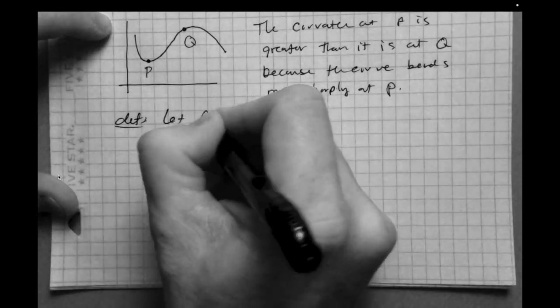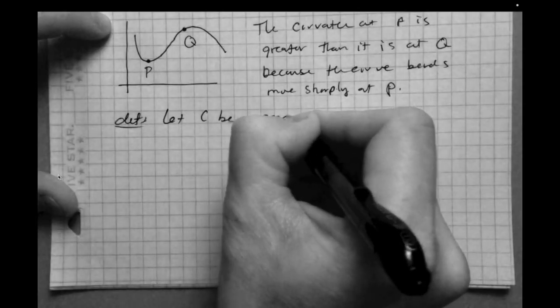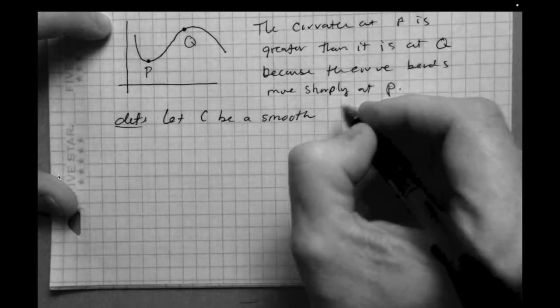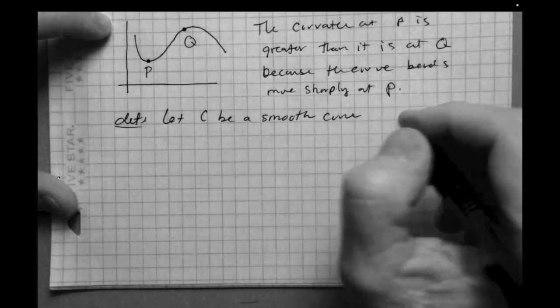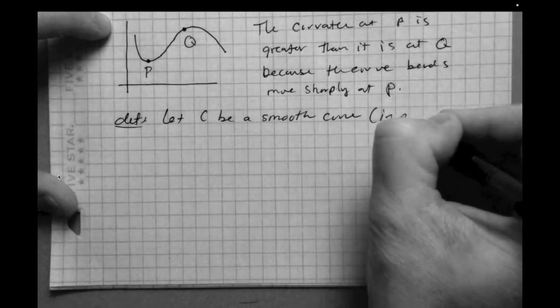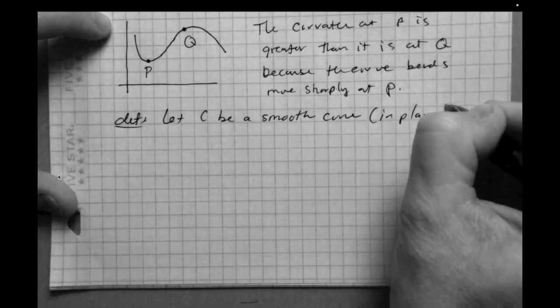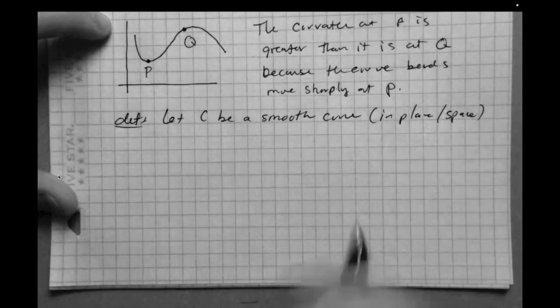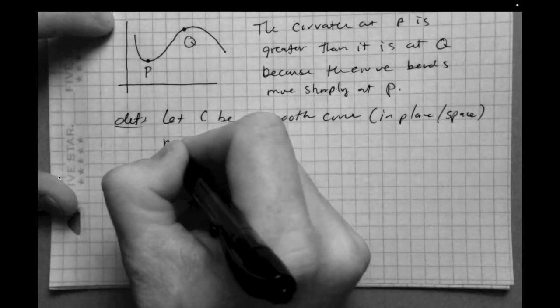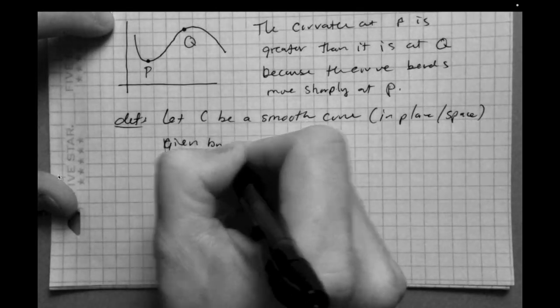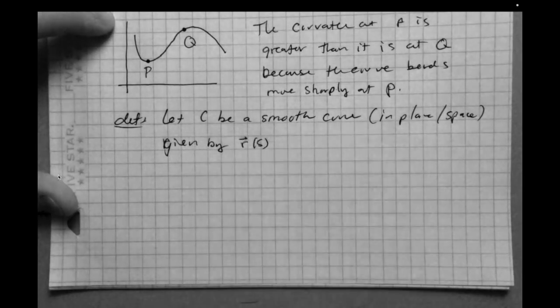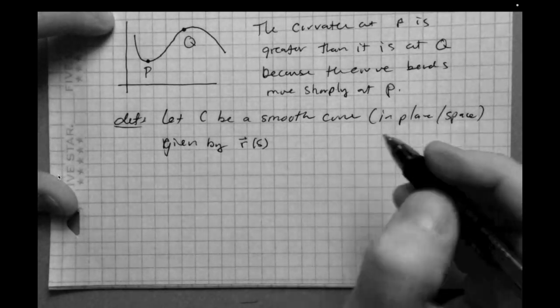Let C be a smooth curve in the plane or space, given by r of s, where s is the arc length parameter.